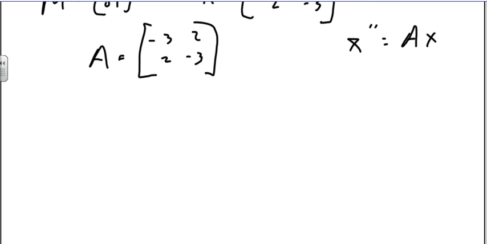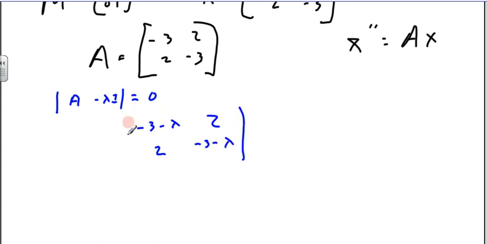Okay, we want to find the eigenvalue, so A minus lambda I. Determinant has to equal 0, so I have minus 3 minus lambda, 2, 2, minus 3 minus lambda, determinant.